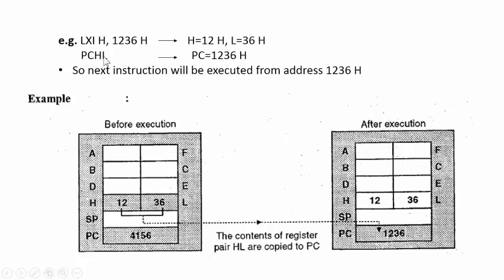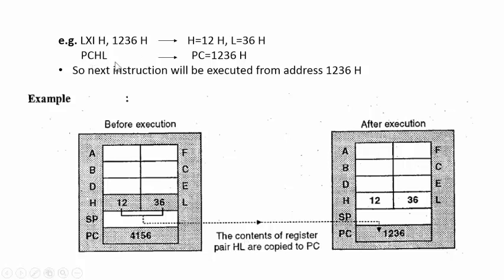After this PCHL instruction execution, in the program counter this 1236 gets loaded and execution will start from this address 1236X. So the next instruction will be executed from the address 1236X. So in this diagram, before execution, suppose in H we have 12, in L register 36, and the current program counter content is 4156X.